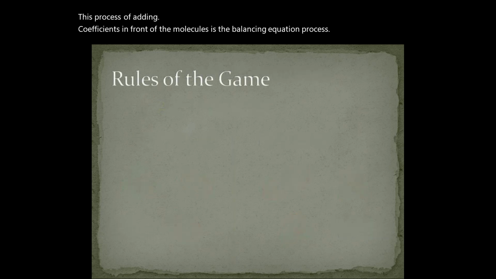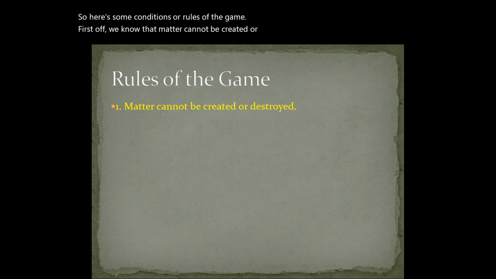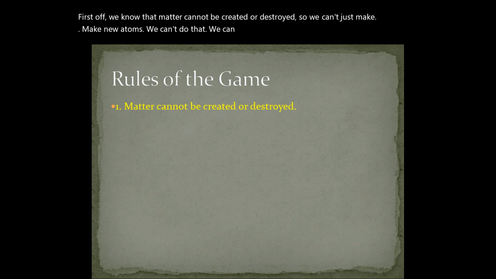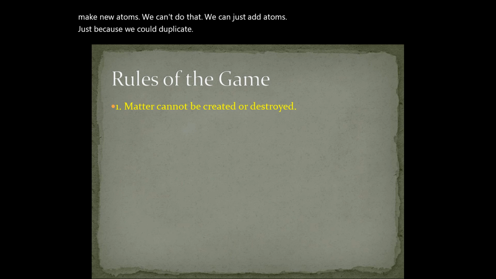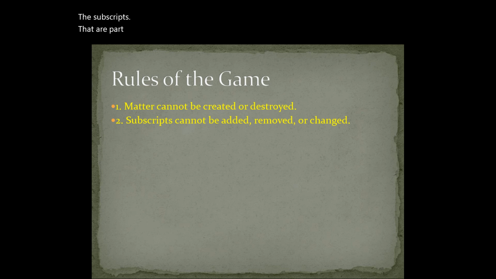So here are some conditions, or rules of the game. First off, we know that matter cannot be created nor destroyed, so we can't just make new atoms. We can't just add atoms just because. We can duplicate the molecules or atoms that are there, but we can't just add a single atom. And we can also not change the subscripts that are part of the molecules.